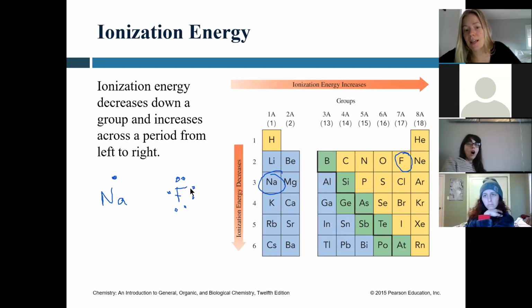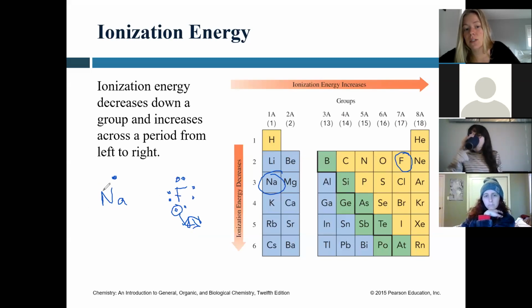They want to have this thing complete. And a complete outer shell, unless you're in row 1, is 8. So if I want to make this 8, taking this electron away is not moving in the right direction. I've gone from 7, so close to having 8, and now I have 6. No, that doesn't work. Instead, it makes more sense to put an electron on there to get 8. That is why this has such a high ionization energy.